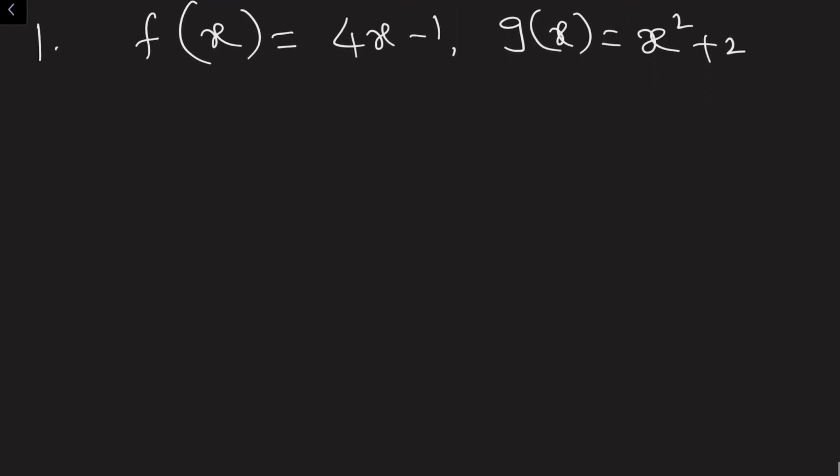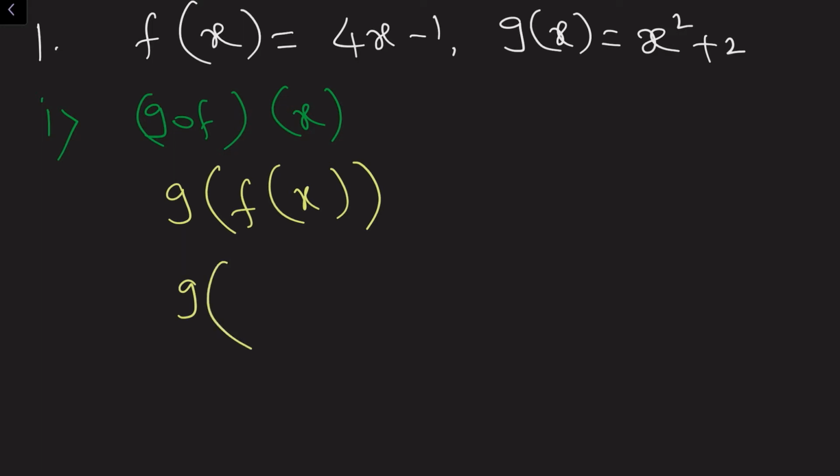Then he is asking us to find some questions in that. Question number 1 is g of f of x. This g of f of x also can be written as g of f of x.